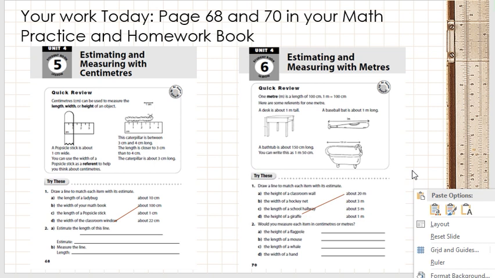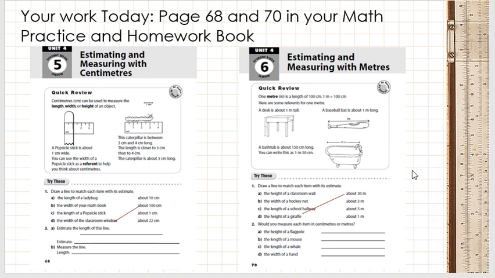Now remember that 20 meters is, well, 1 meter is 100 centimeters. So that would be 20 times 100, okay? Now if you're really good at math, then that would actually be 2,000 centimeters, which is pretty long, okay?